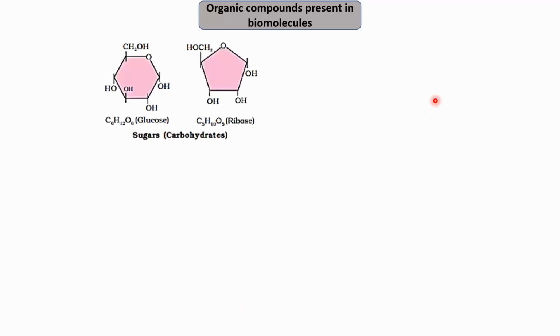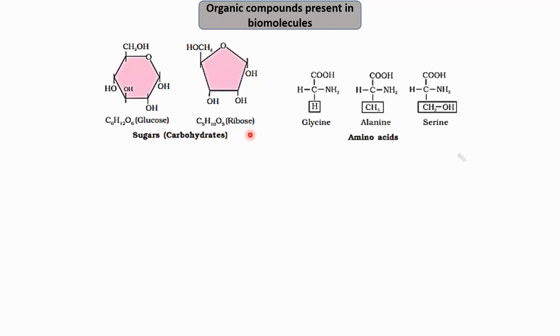Next is different types of biomolecules that may be present. For example, sugars that are examples of carbohydrates, for example, as I was continuously mentioning, glucose. Similarly, ribose is also an example of biomolecules. Amino acids may, for example, lead to the formation of proteins.